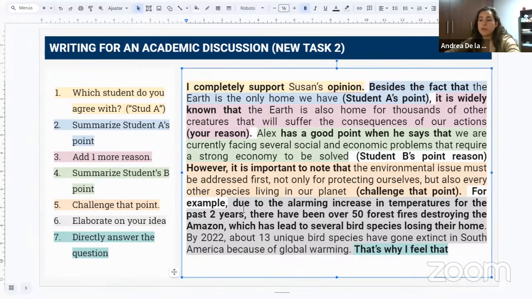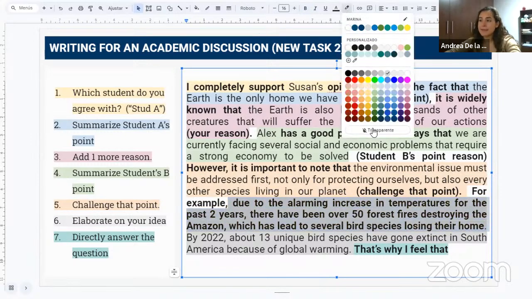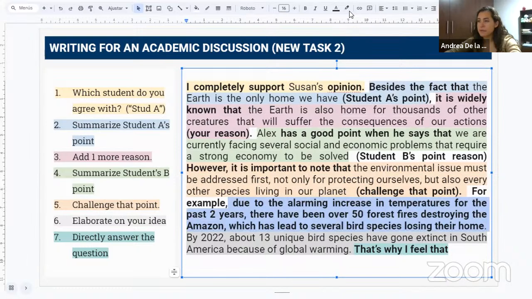Basically, just give information that proves your point, that proves what you're saying. And make sure that you're as specific as you can be. You know, give examples, specific details, numbers, names. But it's really important to try to be specific. Okay, guys? Is that okay so far? Any questions?